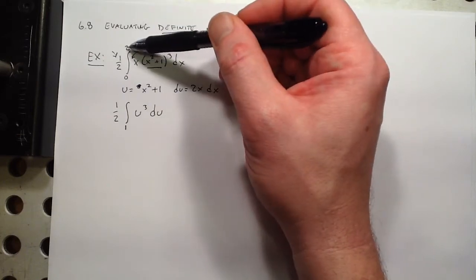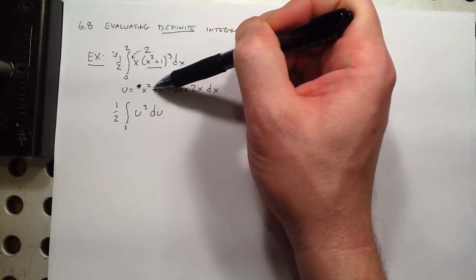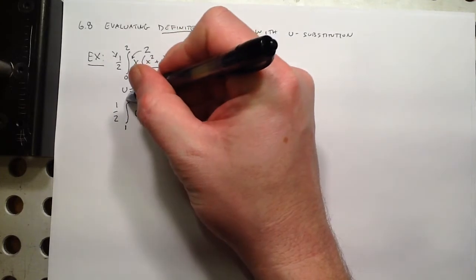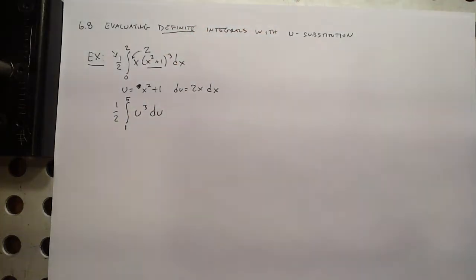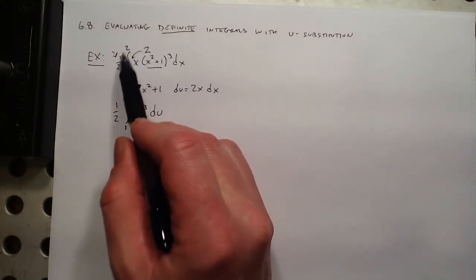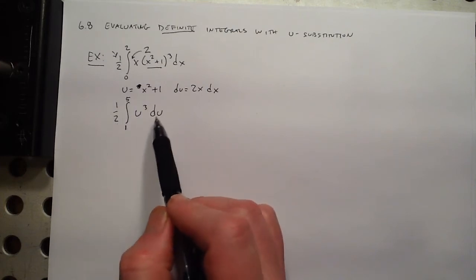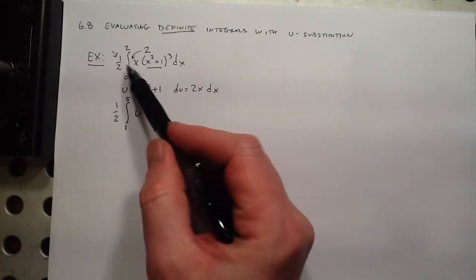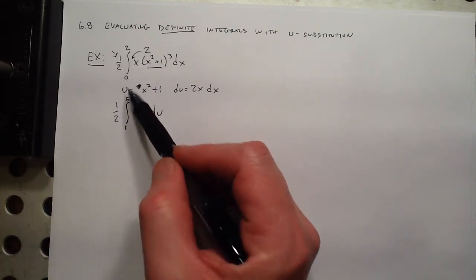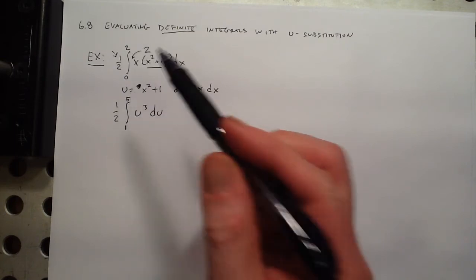Likewise, if I plug in 2 in here, 2 squared plus 1 is 5. Okay? So this original integral that we started with is the same as this one. It will have the same value, right? Because we've transformed our x values here into u values.